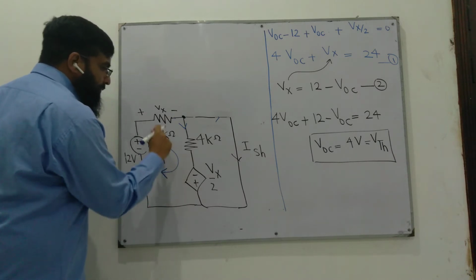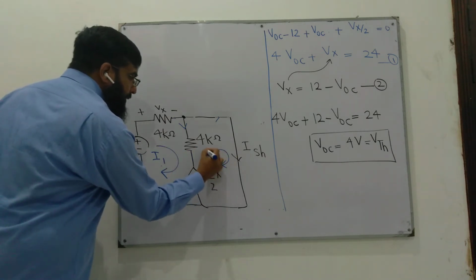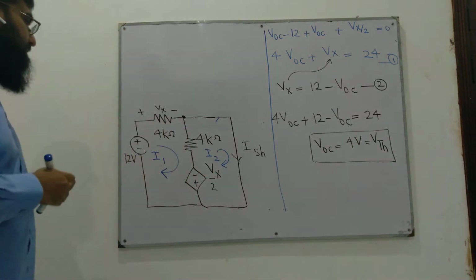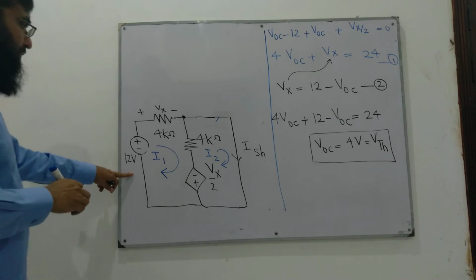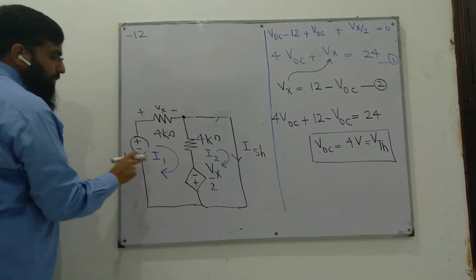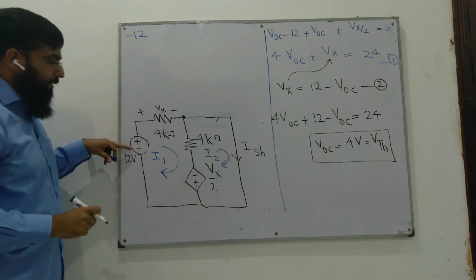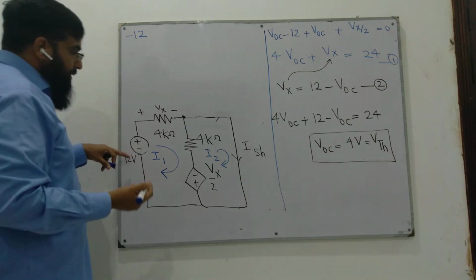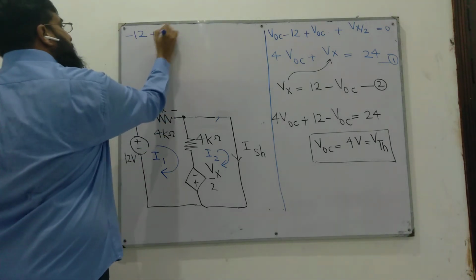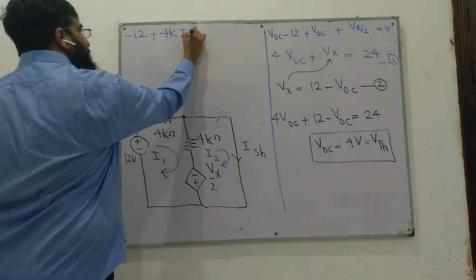Assume a current I1 for this loop and I2 for this loop. Let's write the KVL equation for loop number 1. We'll write it minus 12. Why minus? Because the current is entering from the negative side, it's a voltage rise, and as per our convention we write it negative, plus 4k I1.